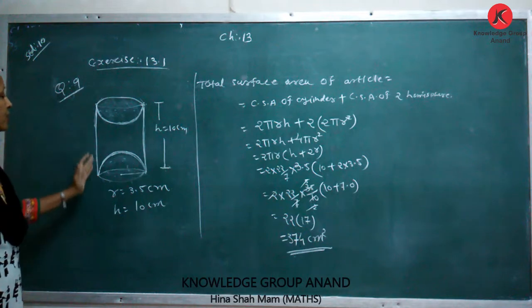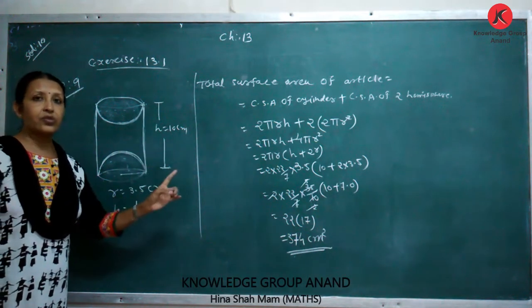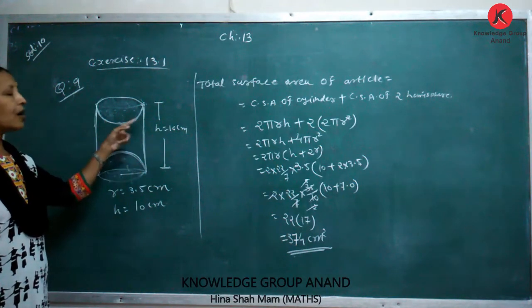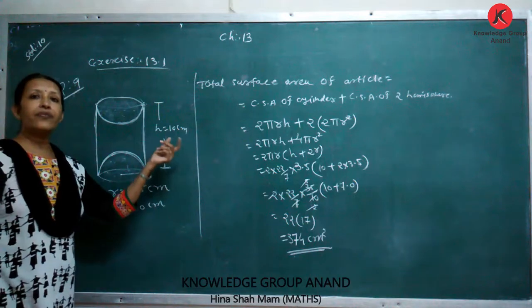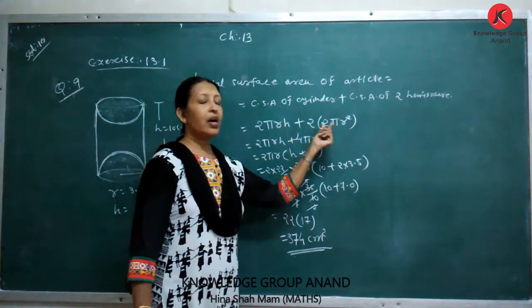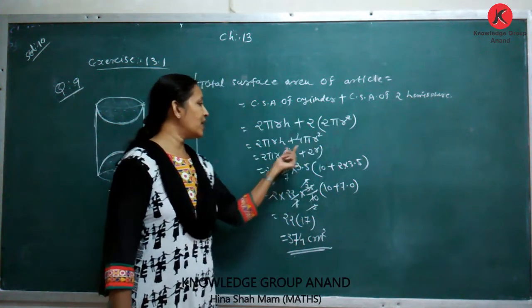We use: total surface area of article is equal to curved surface area of cylinder plus curved surface area of two hemispheres, 2 pi r h plus 2 into 2 pi r square, which is 4 pi r square.